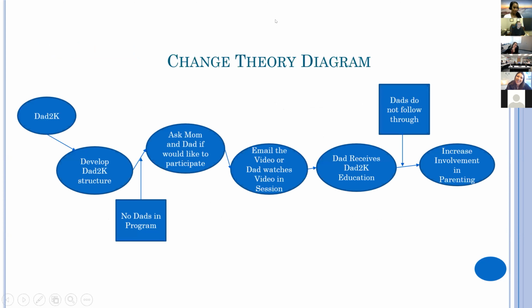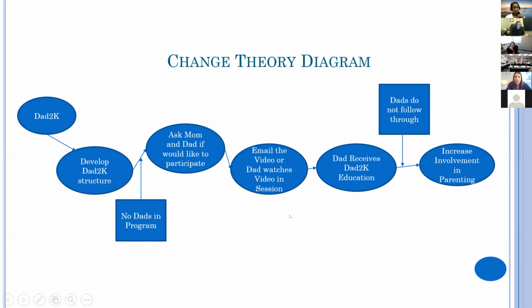Okay. And so here's our change theory diagram. We started with the Dad 2K curriculum, and then we would identify dads in the program, and ask the mom and the dad if they would like to participate. Of course, sometimes there was no male role model or dad in the home to participate in this. So then we would email the video or watch the video in the session.